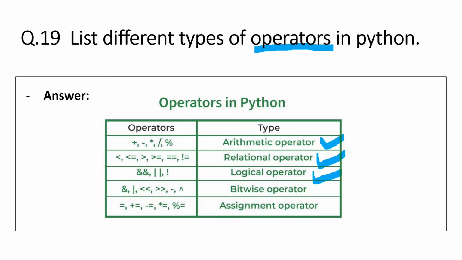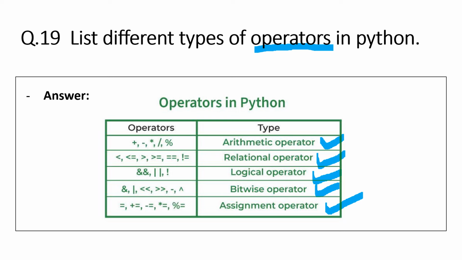For these operations we use logical operators. Next is bitwise operators. In order to perform bitwise operations, we use binary AND, binary OR, binary XOR, binary ones complement, binary left shift, binary right shift, etc. The last operator is assignment operator: add and, subtract and, multiply and, divide and, modulus and, exponent and.